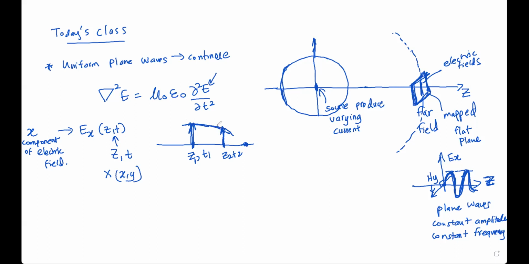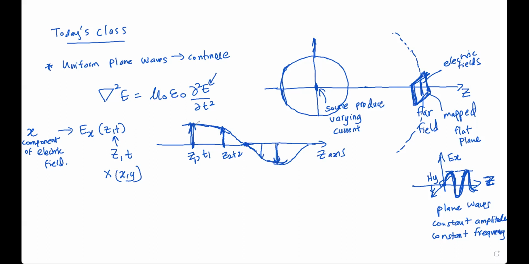At z2, t2, the electric field could have a lesser amplitude, and it might have a wave-like front. The electric field will behave like a wave along the z-axis, and it will have the same amplitude and the same frequency as it propagates along the z-axis. Amplitude won't change.